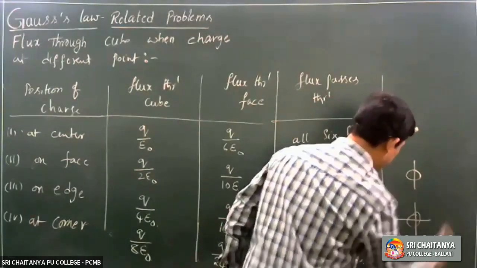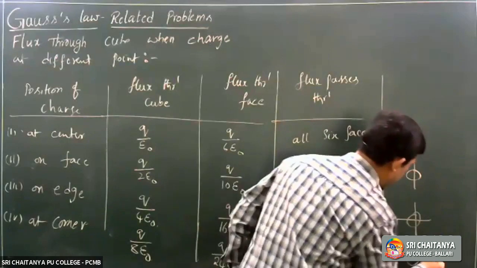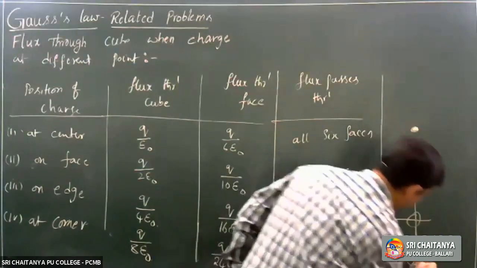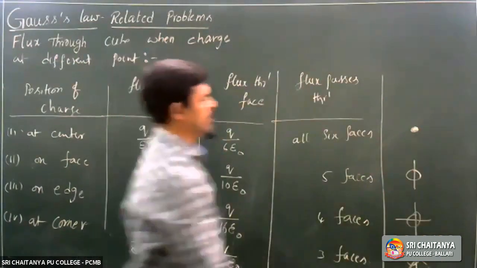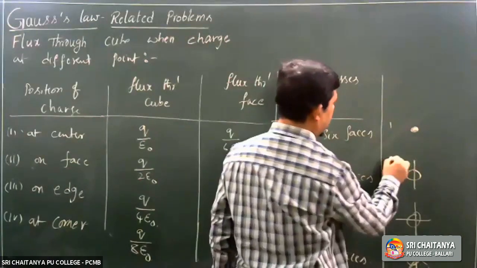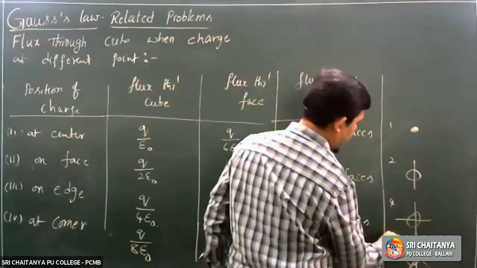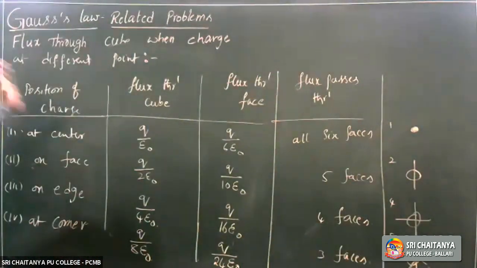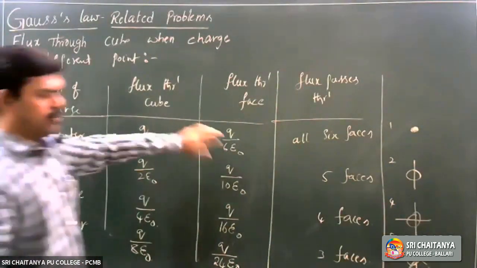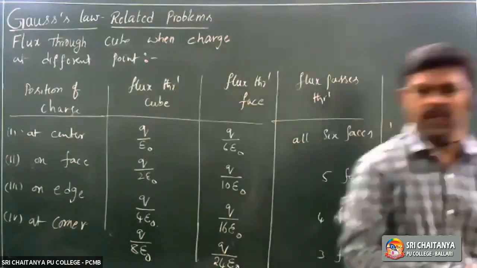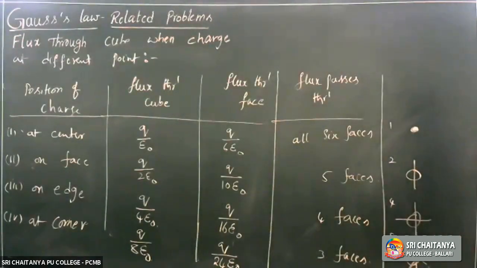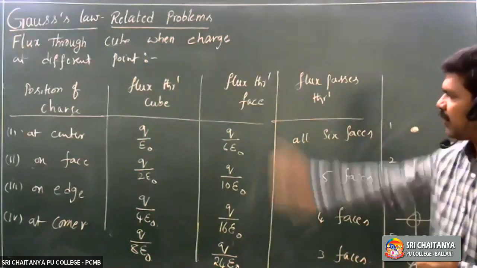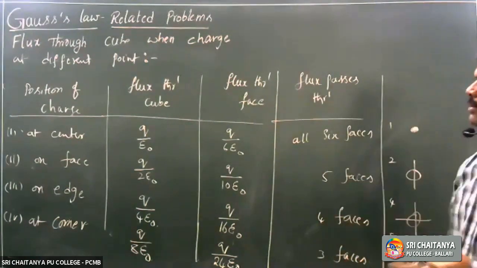Here it divides into 4 parts. Here it divides into 8 parts. Total only 1. Here it divides into 2, here into 4, here into 8. This table is enough for any problem to solve, right? So whatever we discussed, for our knowledge sake, from the entrance exam point of view, this table is enough, right?